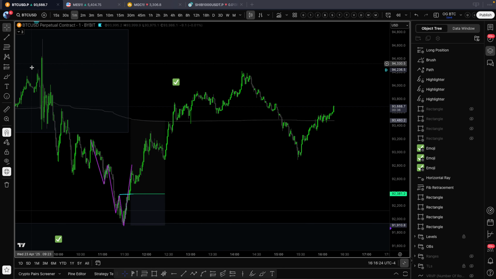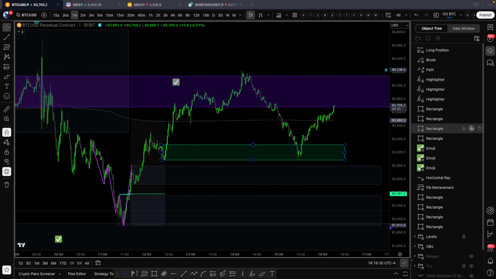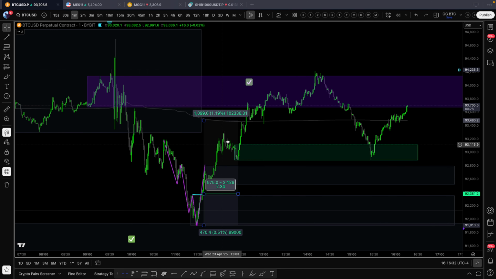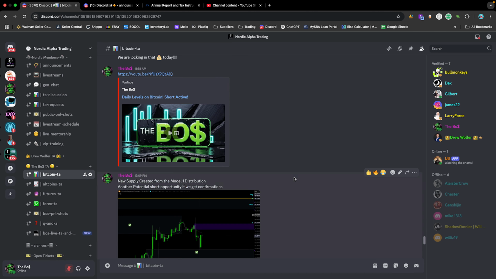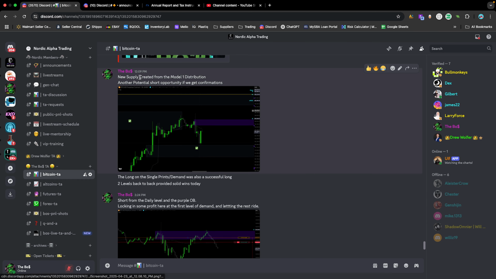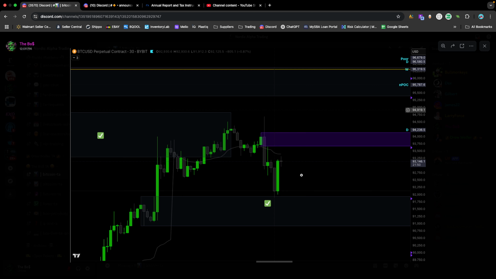However, this Model 1 distribution left behind another order block. So again, I posted in the VIP Discord right here at 12:09 p.m. New supply created from the Model 1 distribution and another potential short opportunity if we get the confirmations.